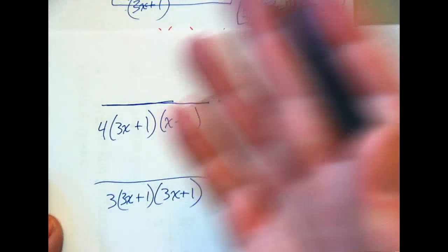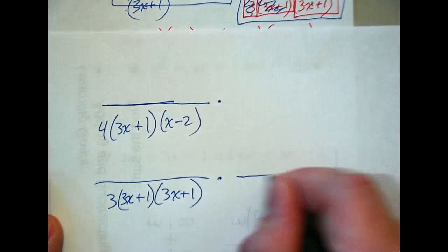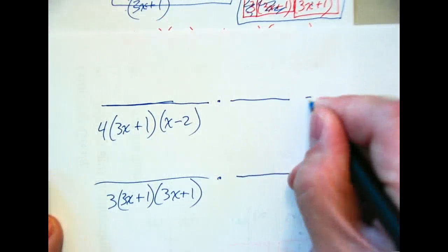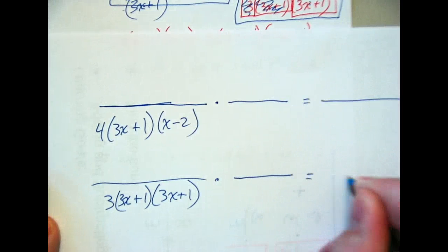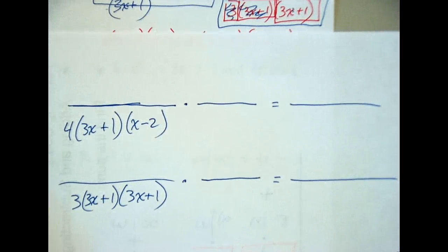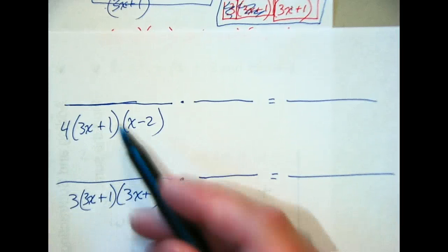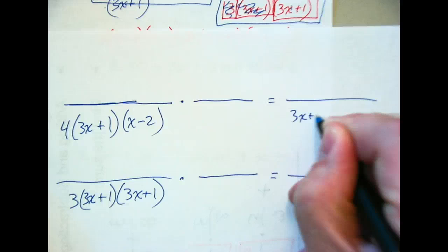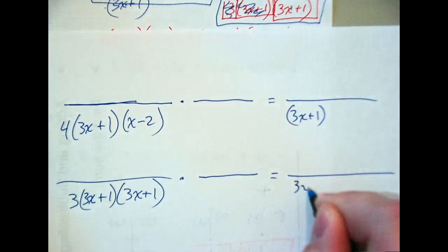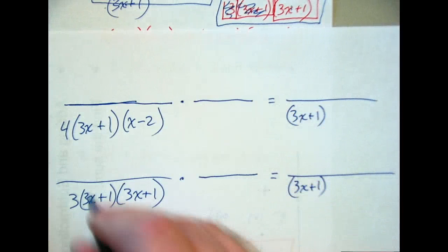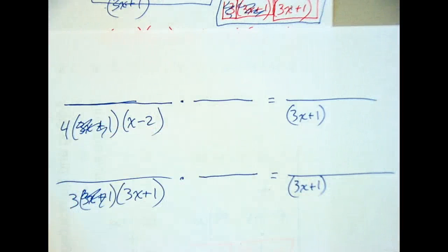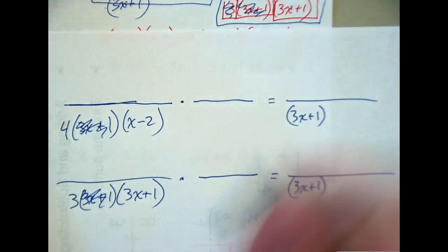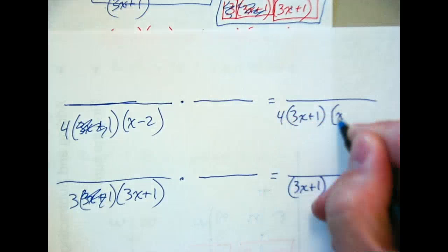Notice there are no numerators, but we can make them up, but right now we're just trying to find a common denominator. Okay? So ask yourself, what do they have in common? 3x plus 1. So we need that. That's the common part. What does this one have that this one doesn't? 4 and x minus 2. So we need those.